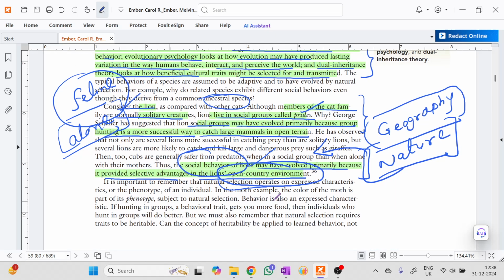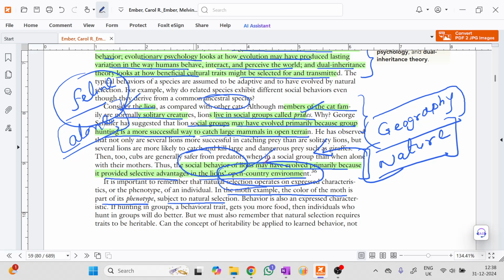Then here, in the moth example, the color of the moth is part of its phenotype, which can be subjected to natural selection, because we can understand that anything that is visible, anything that is expressible, such as the way we look, the positions of eye sockets and head and skull and bones and skeleton, all such organs which are visible, they can be acted against.